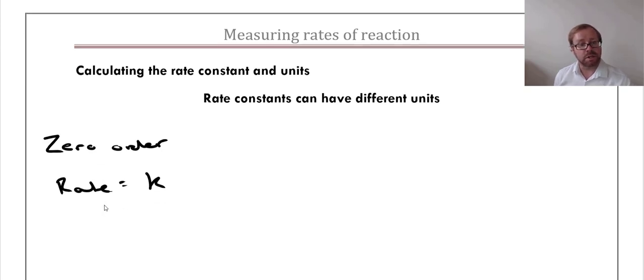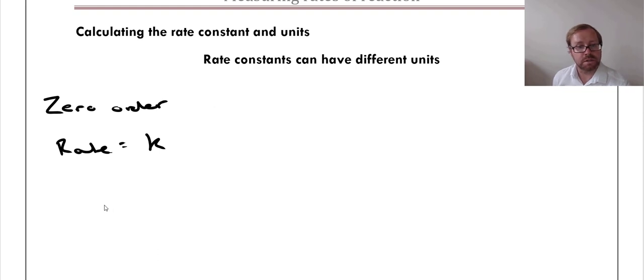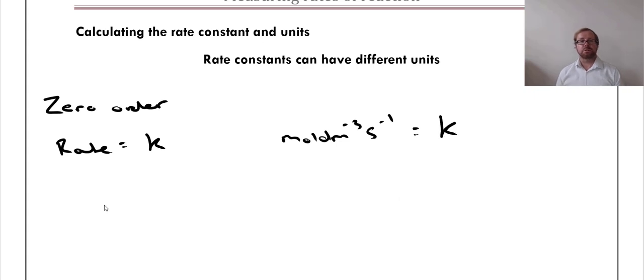So my orders for K, which should be pretty obvious, the units for rate are mole dm minus 3 s minus 1, and because it equals K, this is also going to be my units for K. Right, so a nice easy one to start. First order.